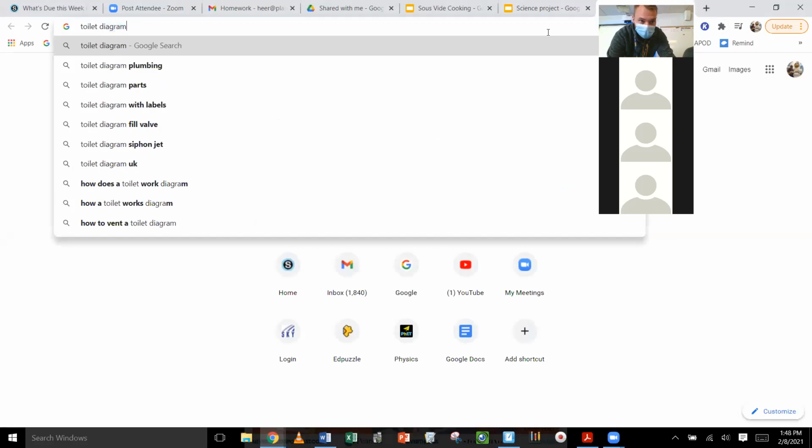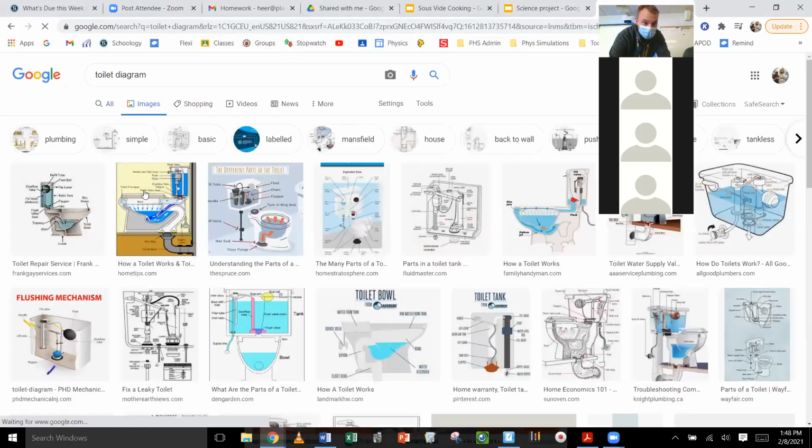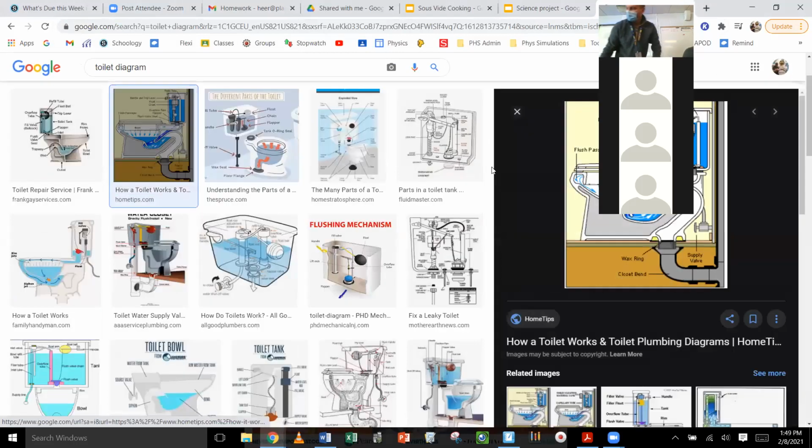Toilet diagram. Right here. So why does it just drain? How does it work? And it's all about this right here.